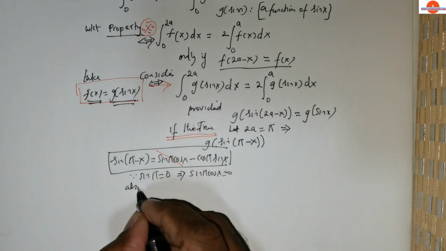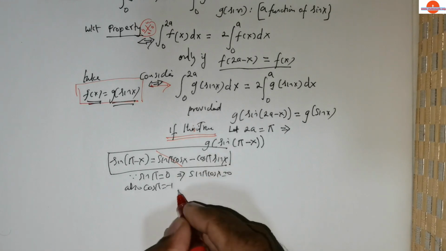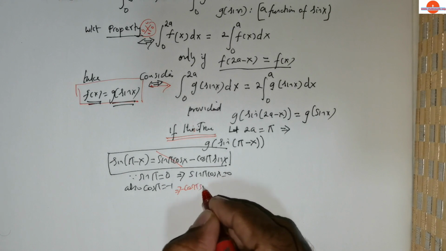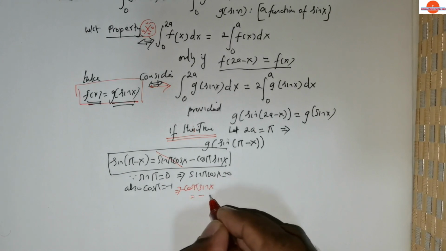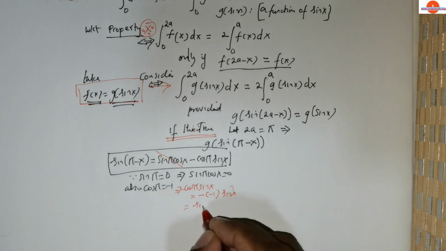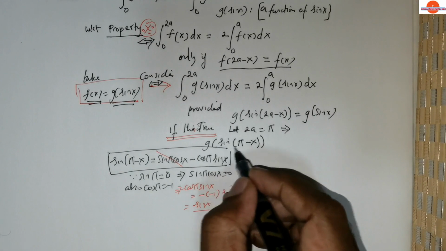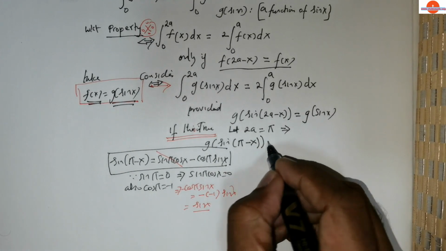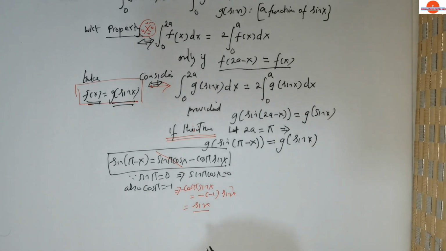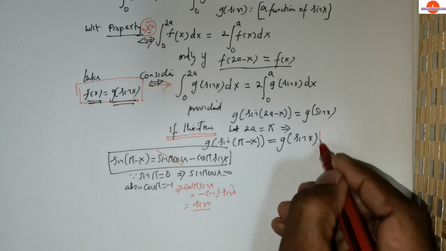Now also cos pi is equal to negative 1. So this implies negative cos pi sine x will now be equal to negative of negative 1 times sine x, which is equal to positive sine x. So g of sine of pi negative x would now be equal to g of sine x. Now clearly this is what we need.